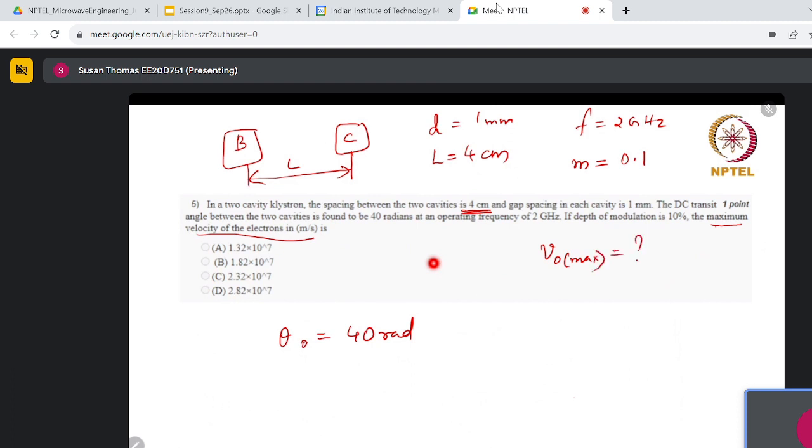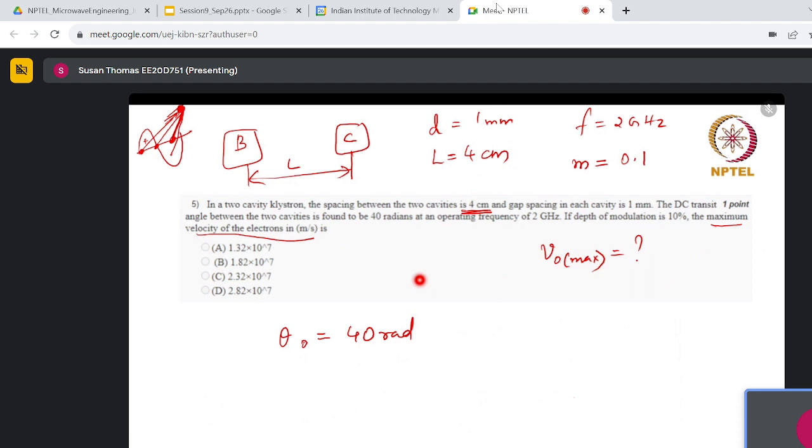Whenever this velocity modulation happens, I hope you remember, during the positive cycle of the RF signal, the electrons will be accelerated. During the negative cycle of the RF signal, electrons will be decelerated, so it's moving slower. And at the zero crossing, there is no change in velocity. So finally, the electrons from the three different points will have a bunching. As I told, there are three conditions.